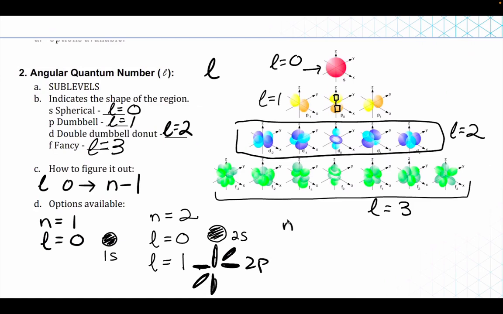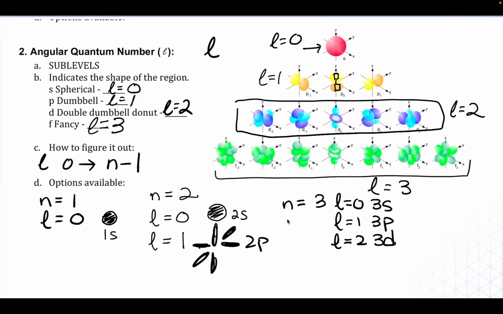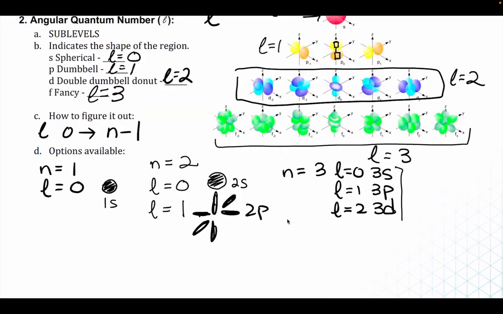When n equals 3, we're going to have, again, L equals 0. So we'll have a 3s, a 3p, a 3d. So you'll see the d's appear for the first time. So when you get to the third level, there are these 3 different sublevels. And then if n equals 4, then we're going to have L equals 0, so you'll have the 4s.